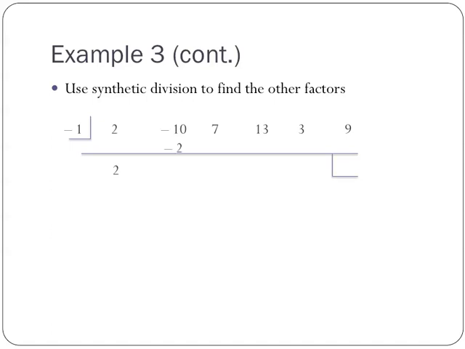Bring down the 2, multiply by -1, add those, multiply by -1, add those, we get 19, multiply, we get -19, and add, we get -6, times -1 is +6, and that we get 9, multiply, we get -9, and that we get 0. And again, we should be expecting our remainder to be 0 because we know that -1 is a rational zero. So up to this point, we have x plus 1 times 2x to the 4th minus 12x cubed plus 19x squared minus 6x plus 9.